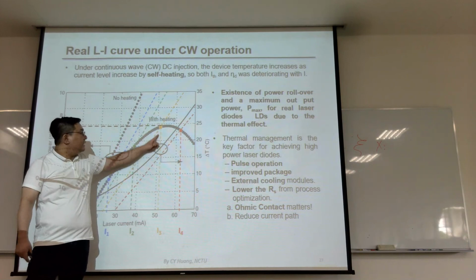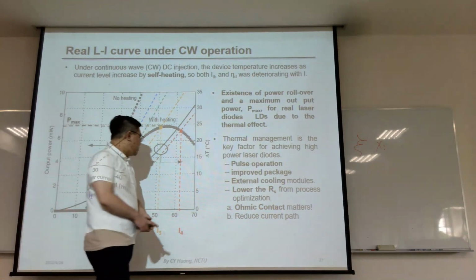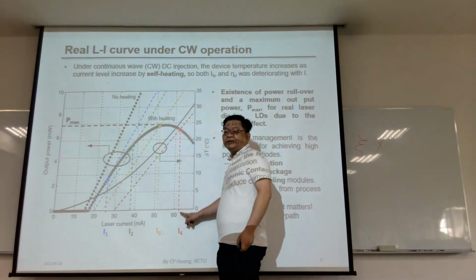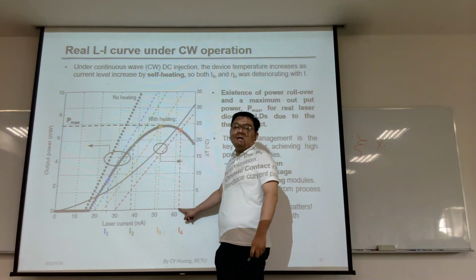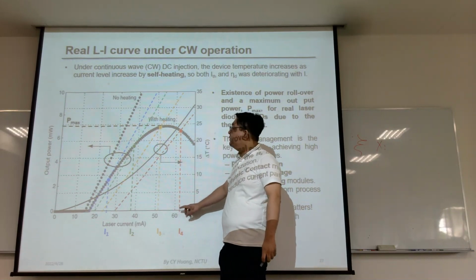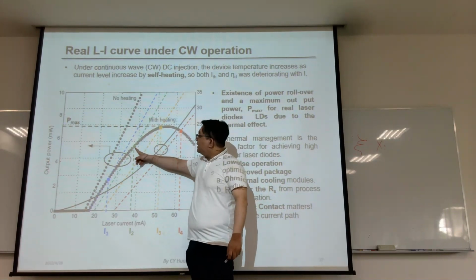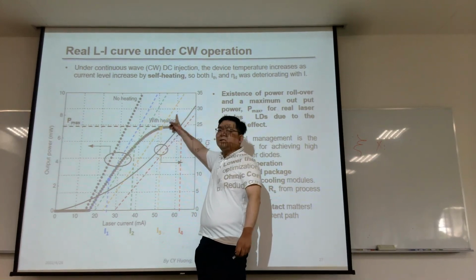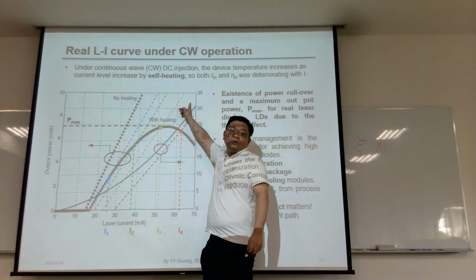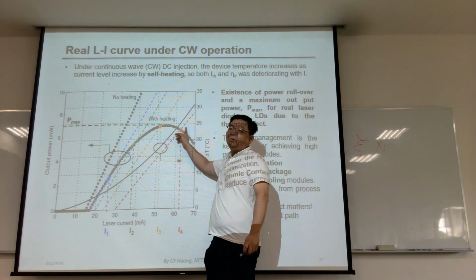So we do that with higher current, you get, for example, this one, another point. Even higher, another point. When the injection current is really high to some level, if the output power doesn't increase anymore, it will overload.